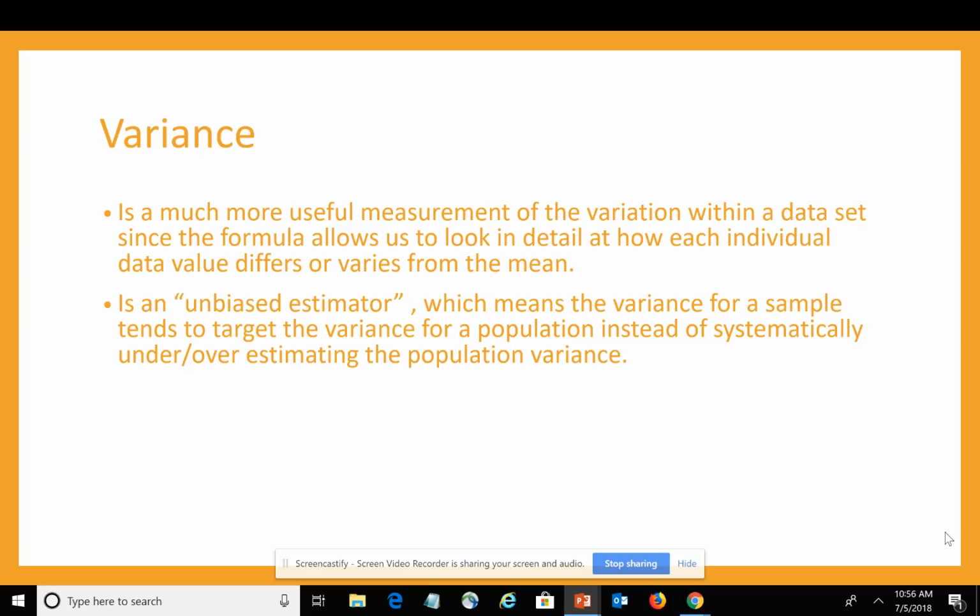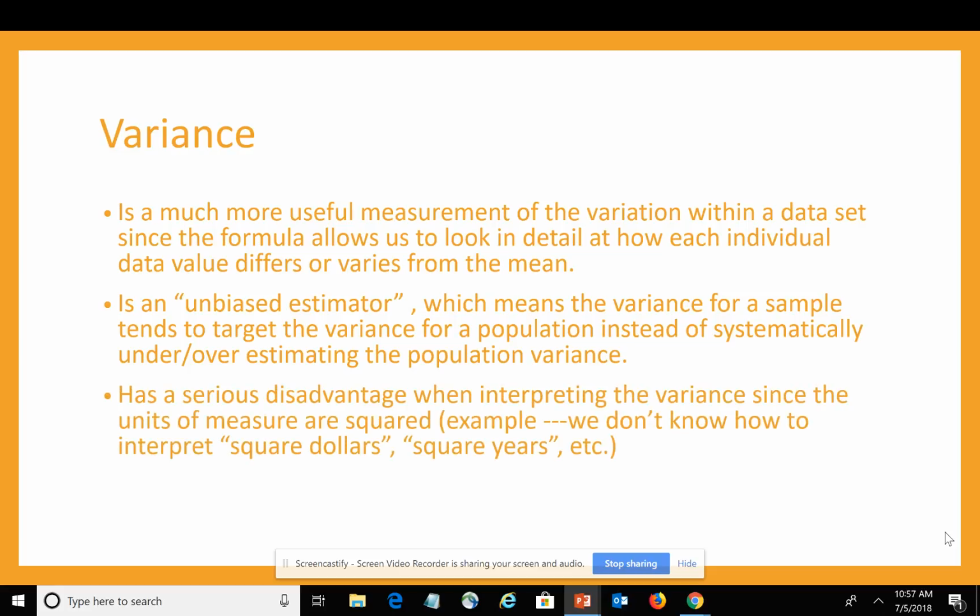So the variance for a sample tends to be right on target for the variance of the population, without systematically overestimating or underestimating. That's what makes it unbiased. So it's a good one to use when you're trying to look at the values for your population as opposed to the sample. There is one major disadvantage to using the variance, however.